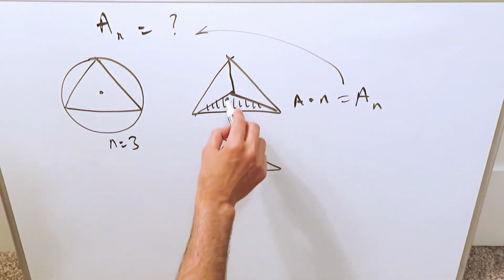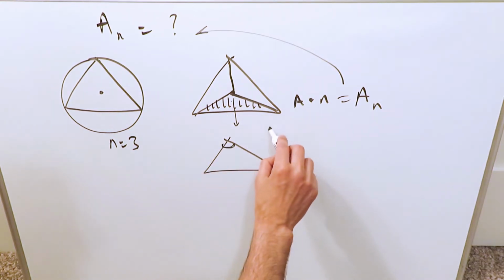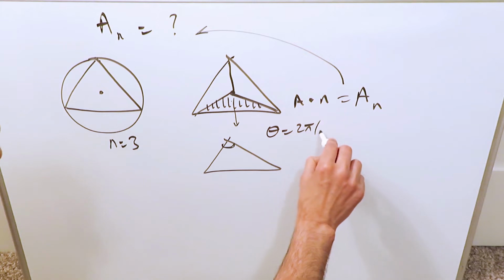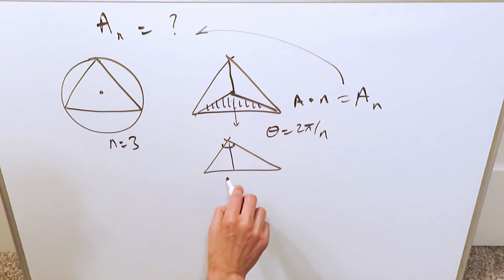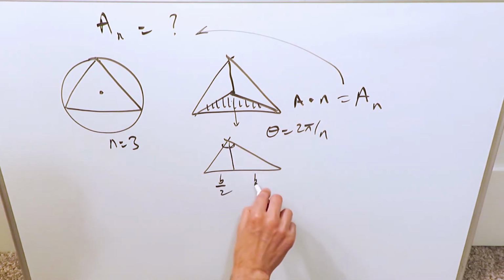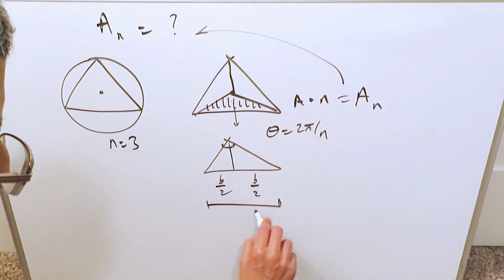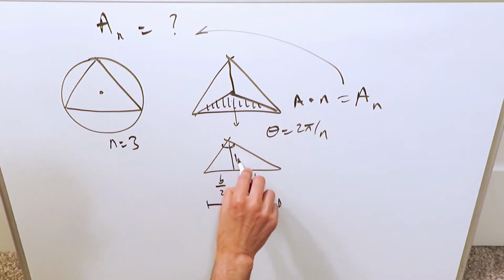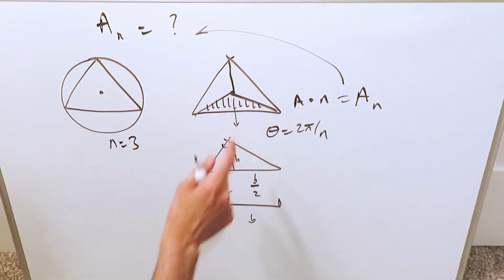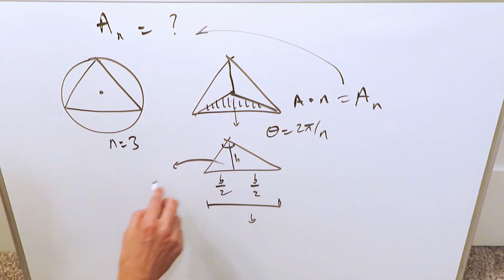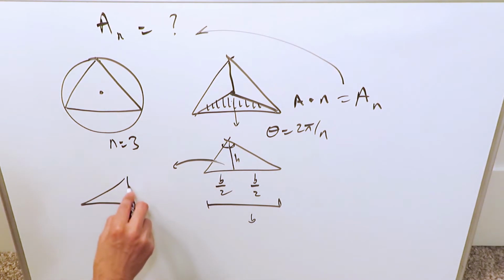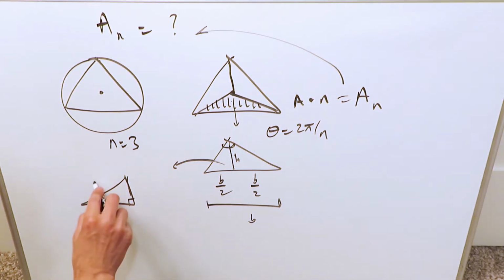I've already told you that there's a certain angle over here, internal angle, that theta is equal to 2 pi over n. I can split it up. I have a certain base over here, I have a certain base over here, I have a total base over here, and then I have a height. This right here is representing that. I can just pull out one of these triangles and I can draw it out over here for you. There's a base over 2, there's a certain angle, 90 degrees, there's a certain radius.